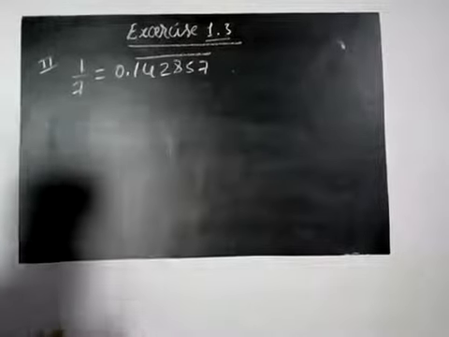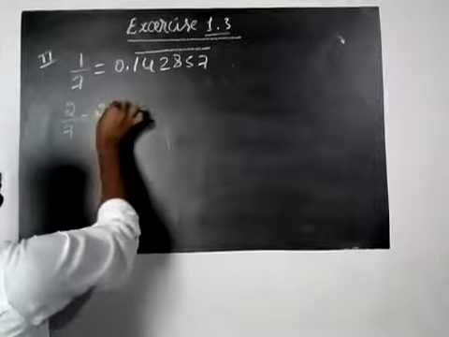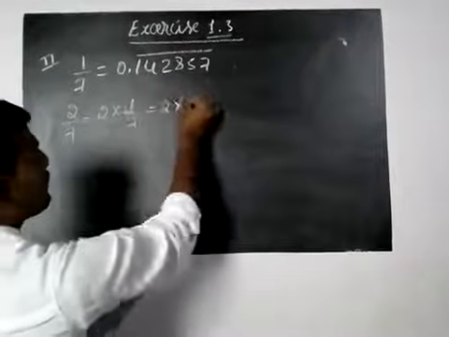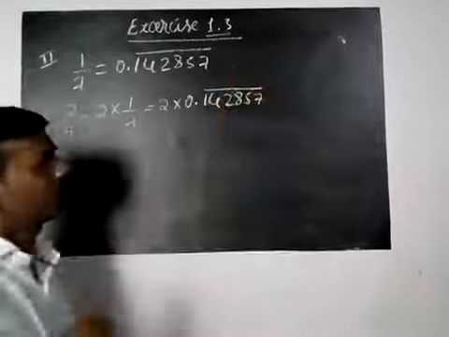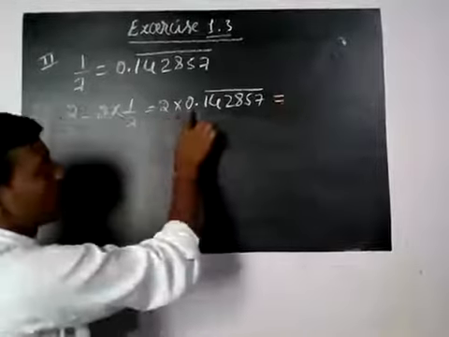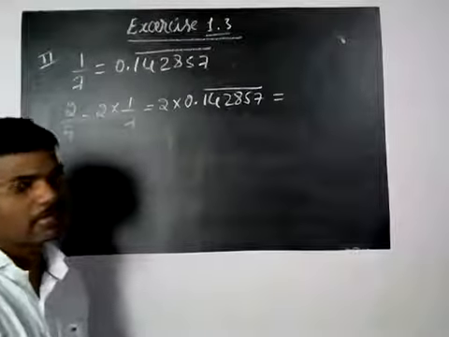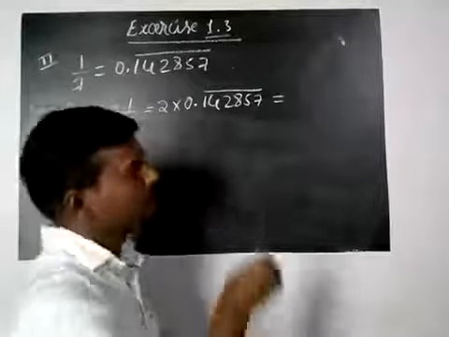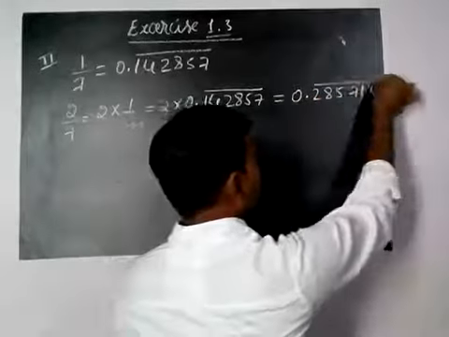Let me express them. 2 by 7 can be written as 2 into 1 by 7, which is 2 into 0.142857. Multiplying, what do we get? We get 0.285714. It is also a repeating block.